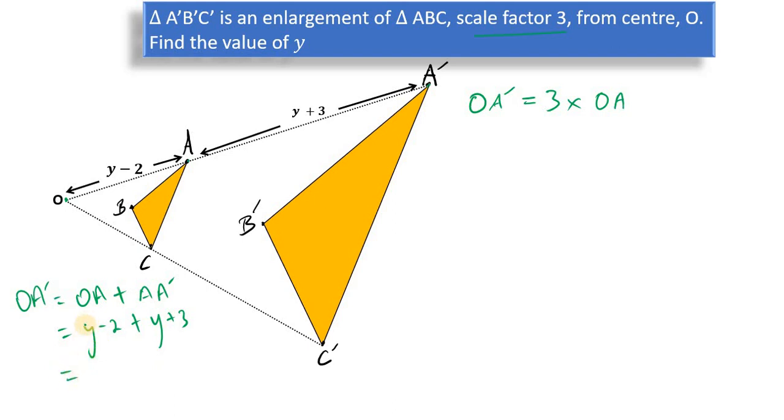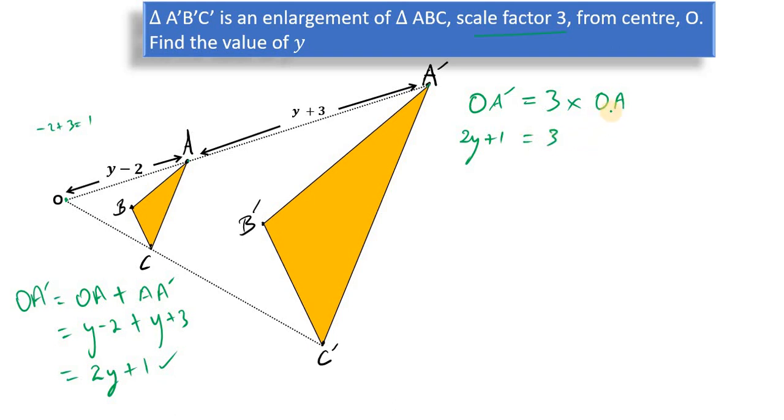We can add the y's, y plus y, because this is a positive y plus a positive y. That's going to give us 2y. And then we have negative 2 plus 3, which is positive 1. Grouping like terms, y plus y and negative 2 plus 3, simplified as this. So the distance from O to A prime is 2y plus 1.